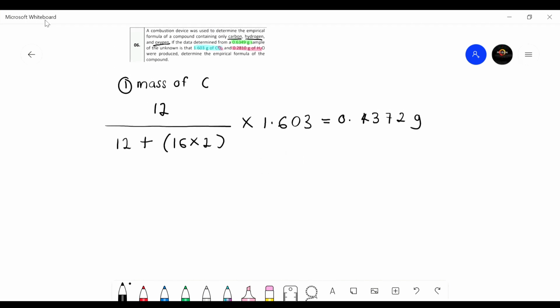Now we need to find the mass of hydrogen from the mass of water.